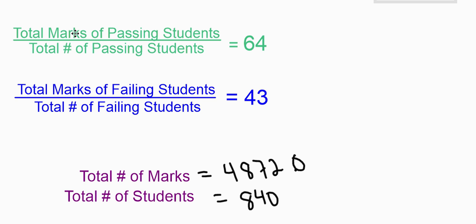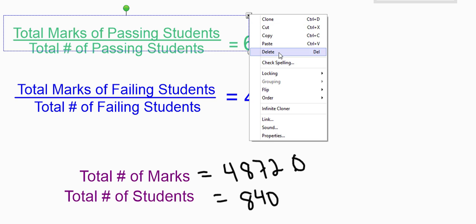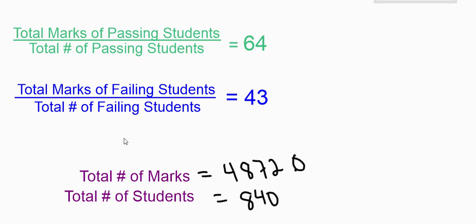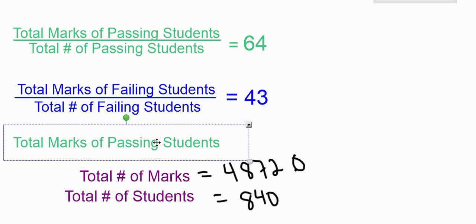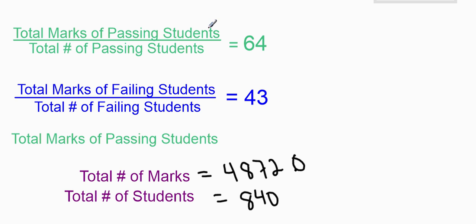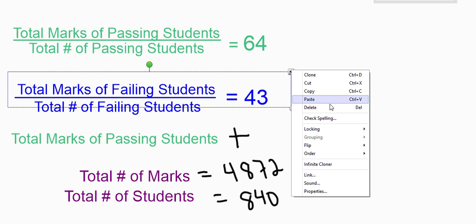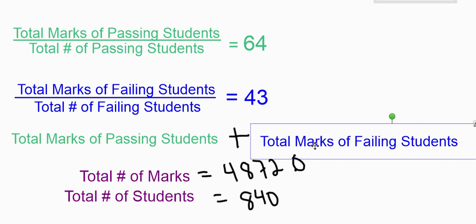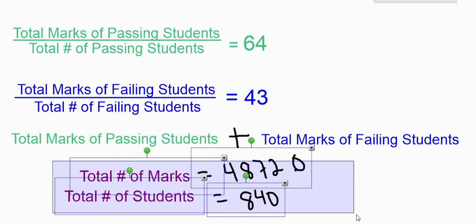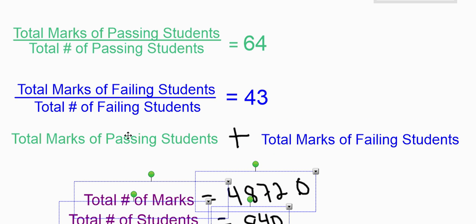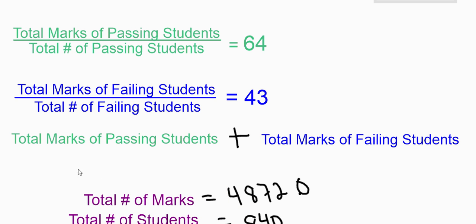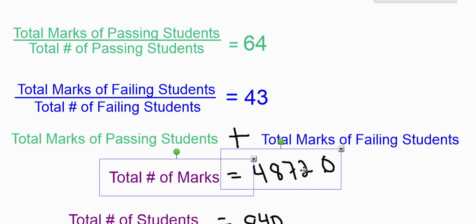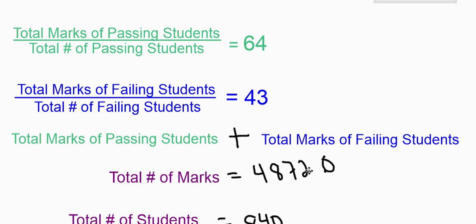If I took the total marks of the passing students, so if I knew this number, and I added it to the total marks of the failing students, so all the marks obtained by the passing students and all the marks obtained by the failing students, I would get the total number of marks of all students, which is 48,720.